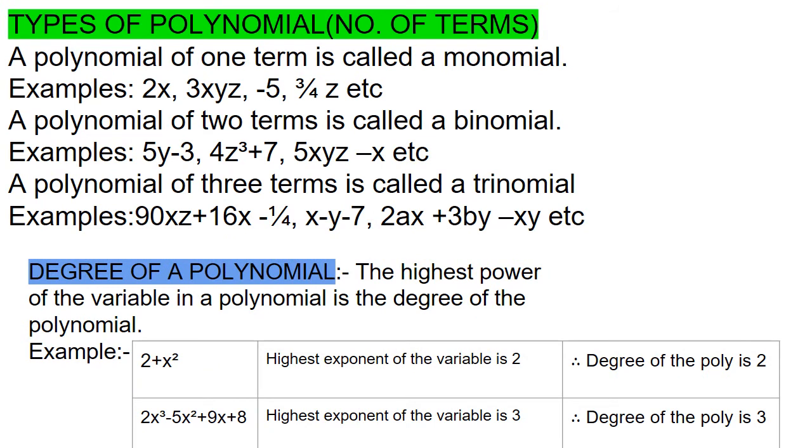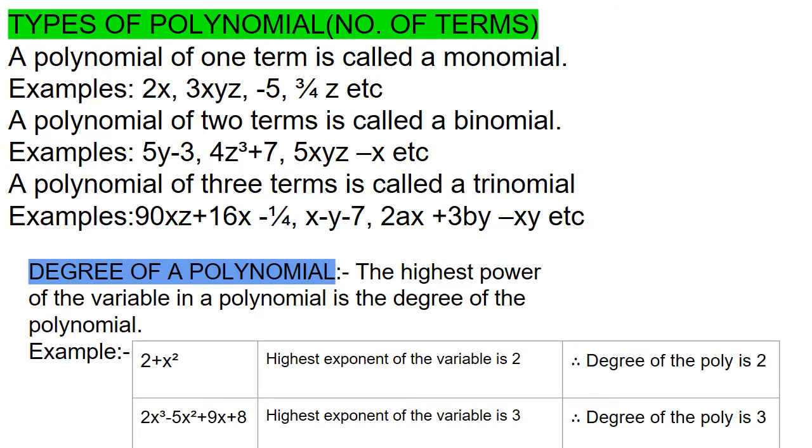Now, classification by number of terms. A polynomial of one term is called a monomial. Observe the examples given here: 2x, 3xyz, minus 5, 3 by 4 z.